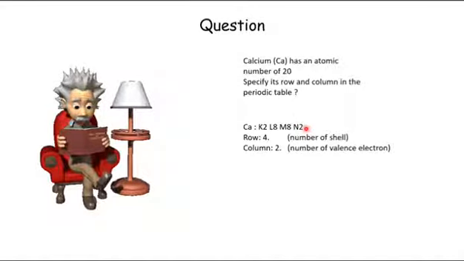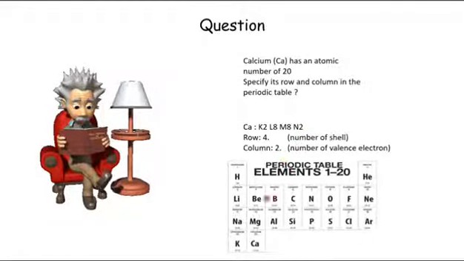So calcium belongs to group 2. And as we see in the periodic table, calcium belongs to row number 1, 2, 3, 4. Then calcium belongs to row 4 and to column 1, 2. So it belongs to group 2.